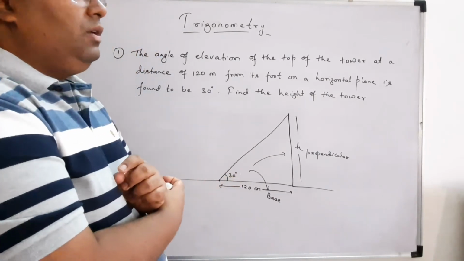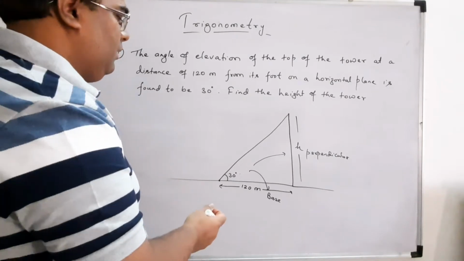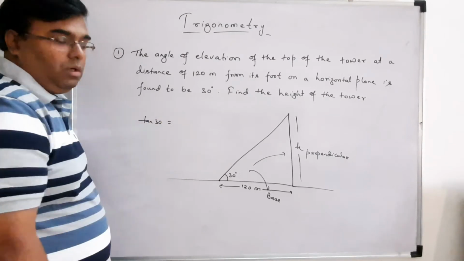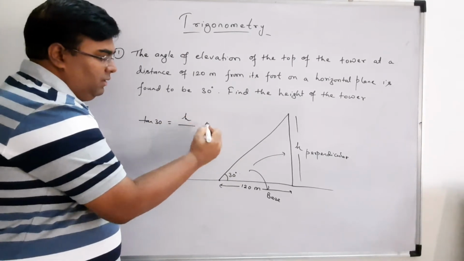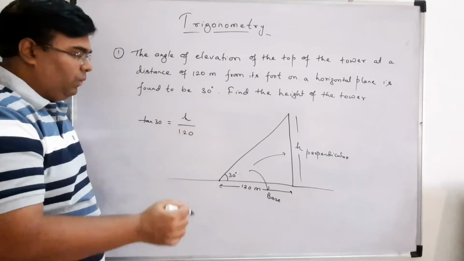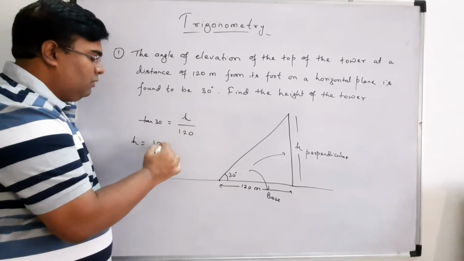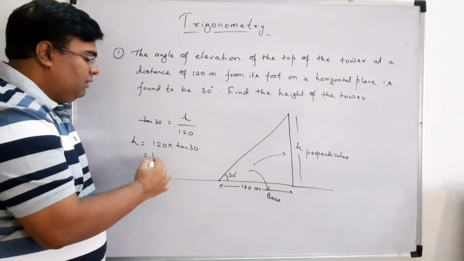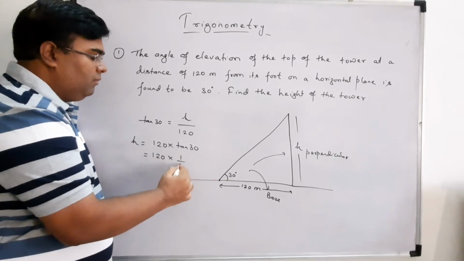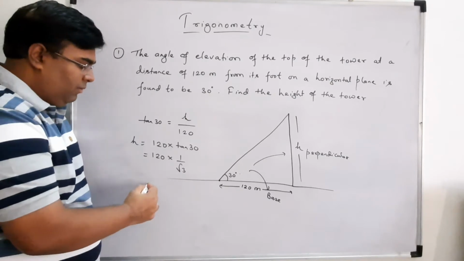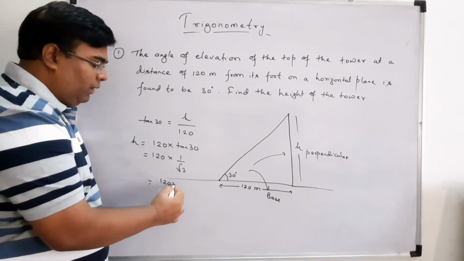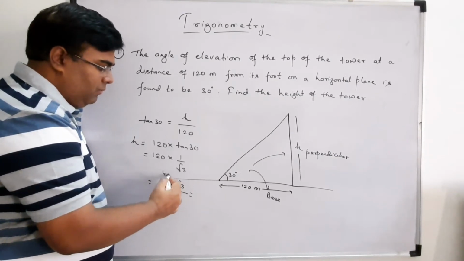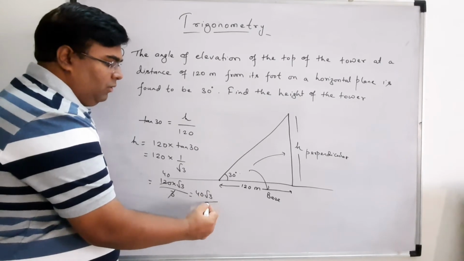Normally we use sine, cos, tan. So here we can say that tan 30 is equal to perpendicular, which is my height h, upon base, which is 120. So h is 120 multiplied by tan 30. Now this is a standard angle, so you can always get the value 1 by root 3. If you rationalize it, it becomes 120 root 3 upon 3, which is 40 root 3.